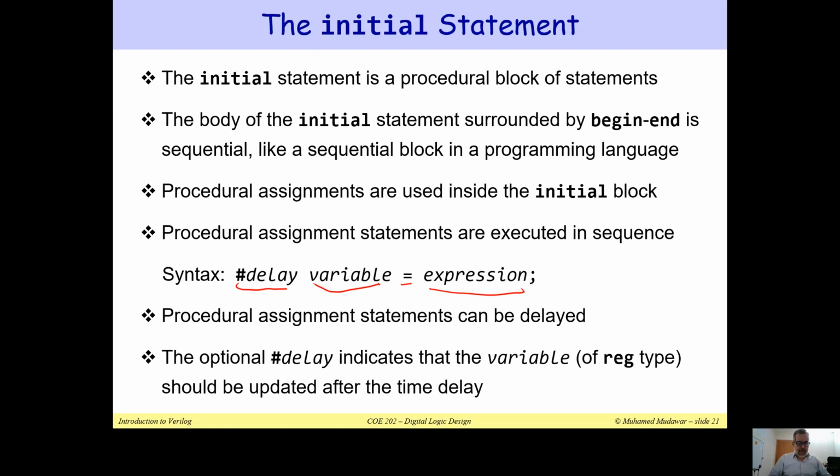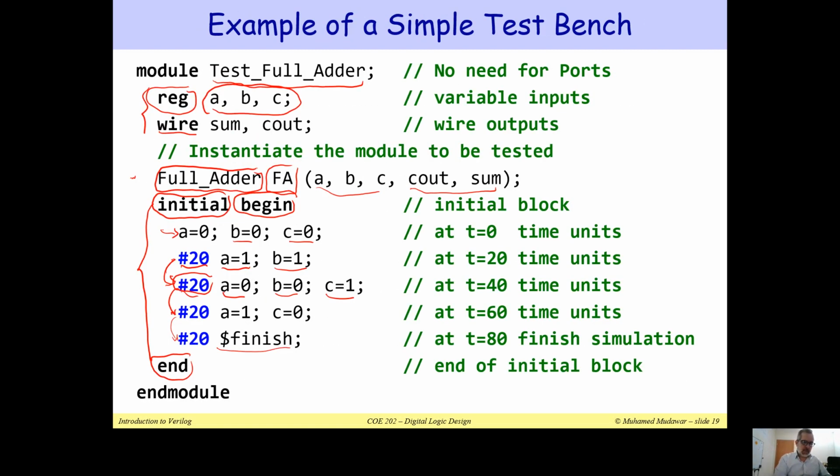Now we wrote these inside the body. So notice that here we say A becomes 1, B becomes 1. Notice the delay here, hash 20. These are procedural assignments. These are not continuous.